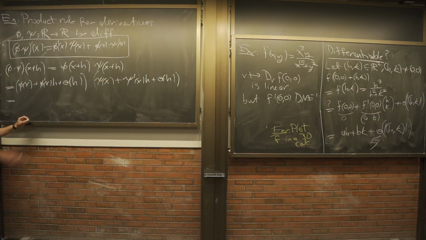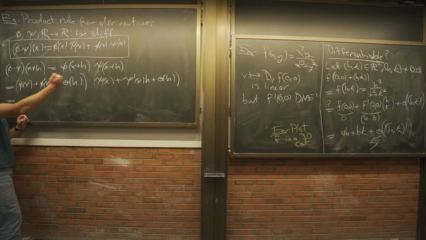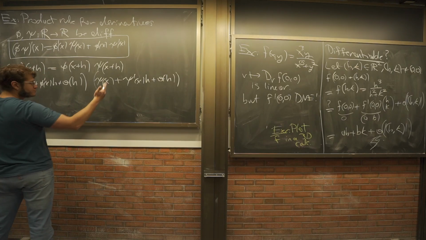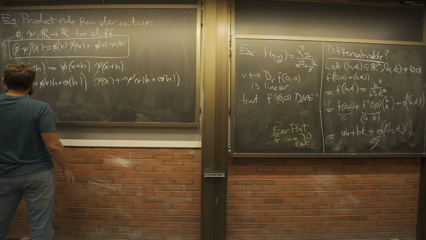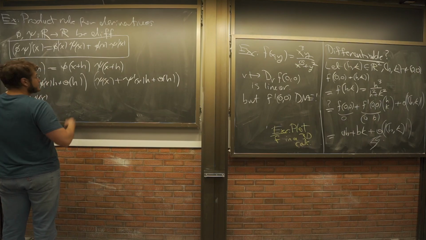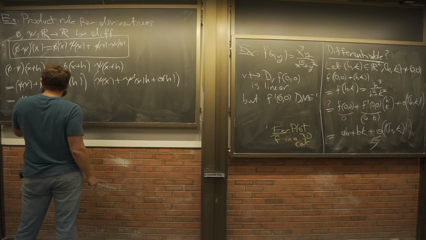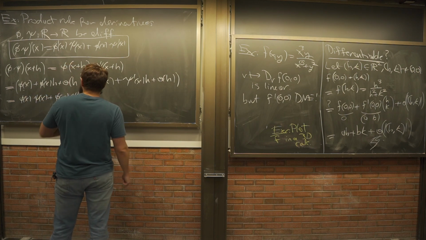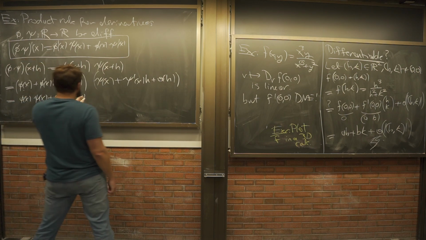OK, now we expand everything. The point is that when you're expanding this, if you're multiplying anything by little o, that's going to still stay as little o, so you can just absorb it into little o. And if you multiply h by itself, that's going to be h squared. That's also little o. h squared decays faster than h does. So all I need to do is to look at the first parts, basically. This by this, plus this by this. Plus this by this.